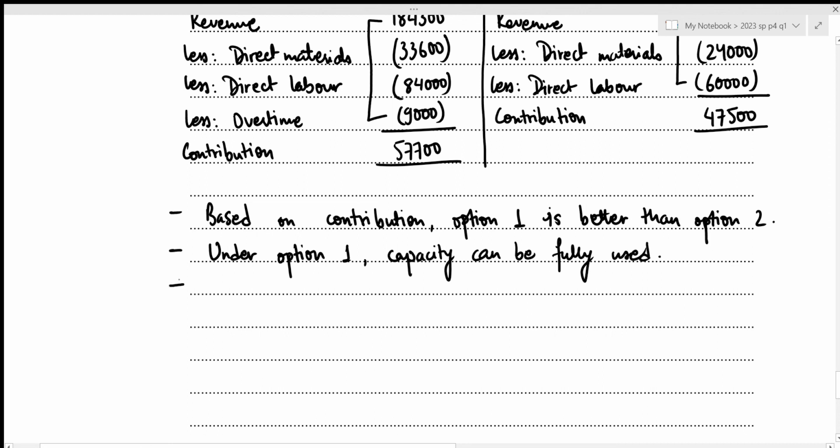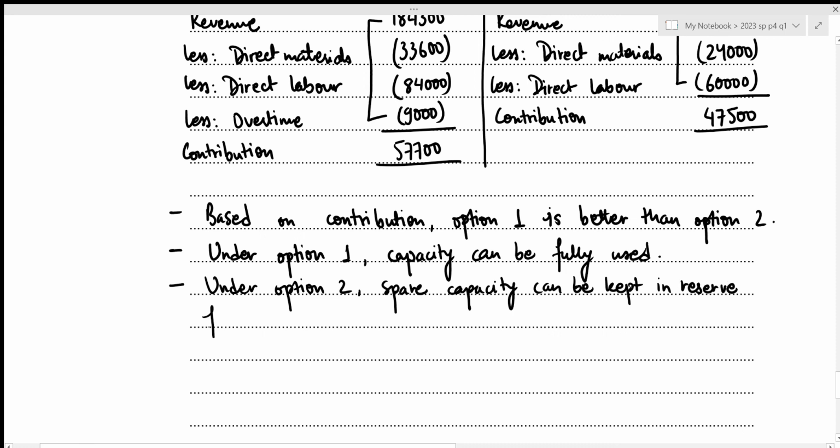So there is some sort of spare capacity which can be kept in reserve for other urgent orders. Let's write it down. Under option 2, spare capacity can be kept in reserve for other urgent orders.